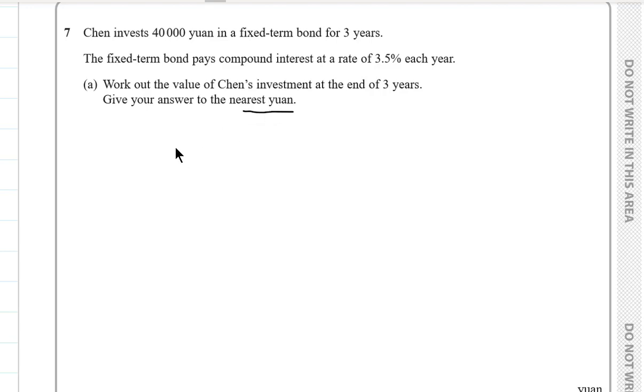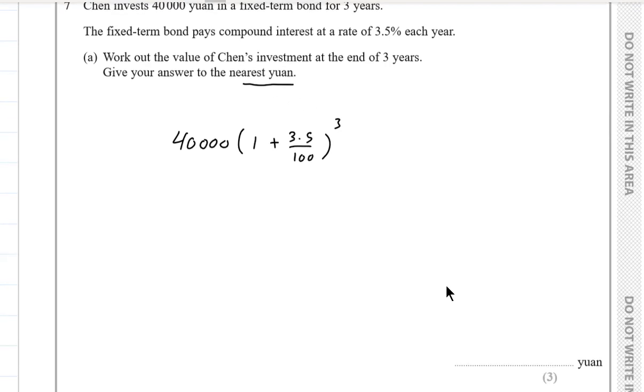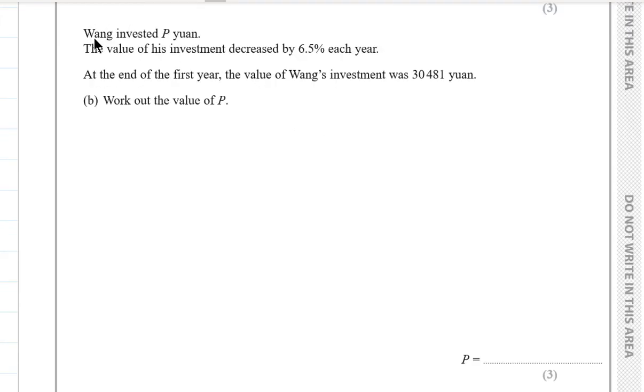We know that the rule said the amount equals the principal, which is 40,000, open bracket 1 plus R, which is 3.5 over 100, all to the power of the time, which is 3 years. Okay, after approximating to the nearest yuan, the answer will be 44,349.